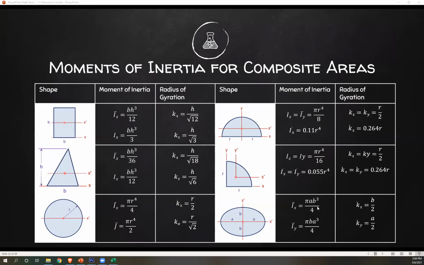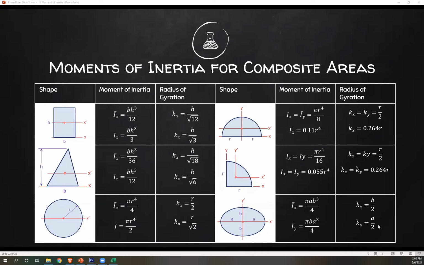And then the moment of inertia about the centroidal y-axis, similar to your rectangle, you just transfer your variable. So instead of pi ab cubed, it's now pi ba cubed over 4. And then your radius of gyration about centroidal x is b over 2, and about centroidal y is a over 2. So here it's basically just using these equations depending on what's being asked in the problem.